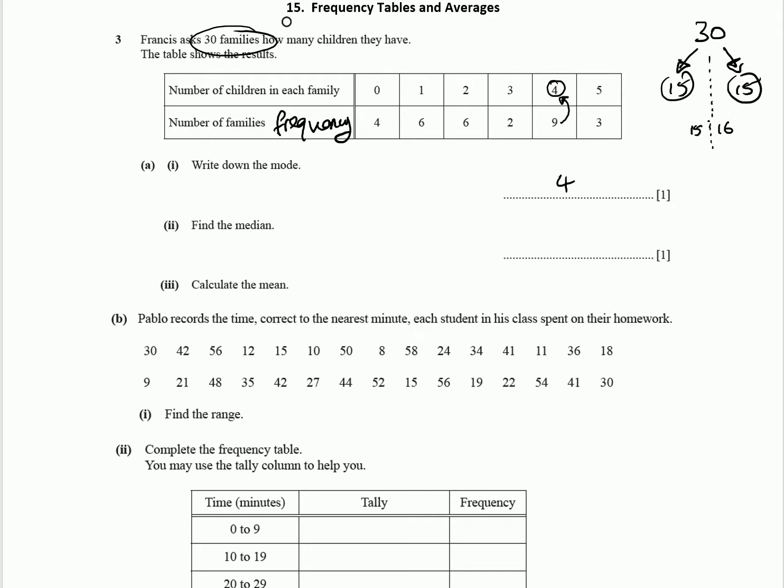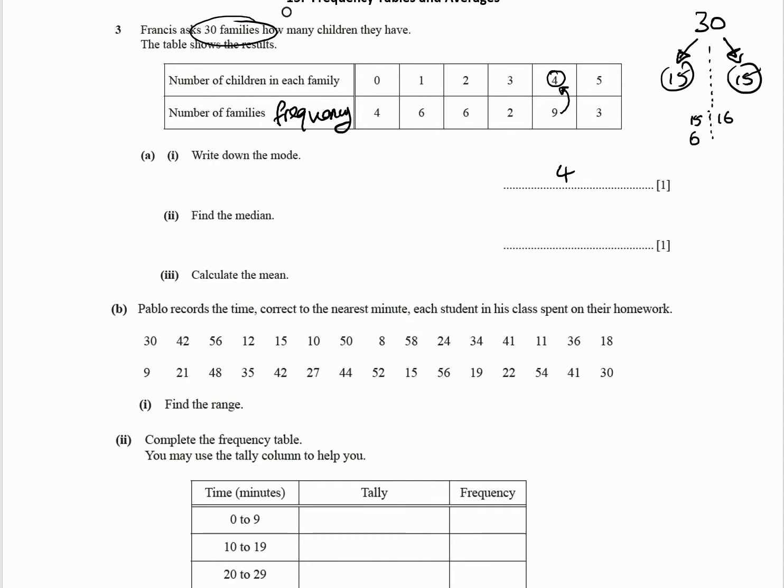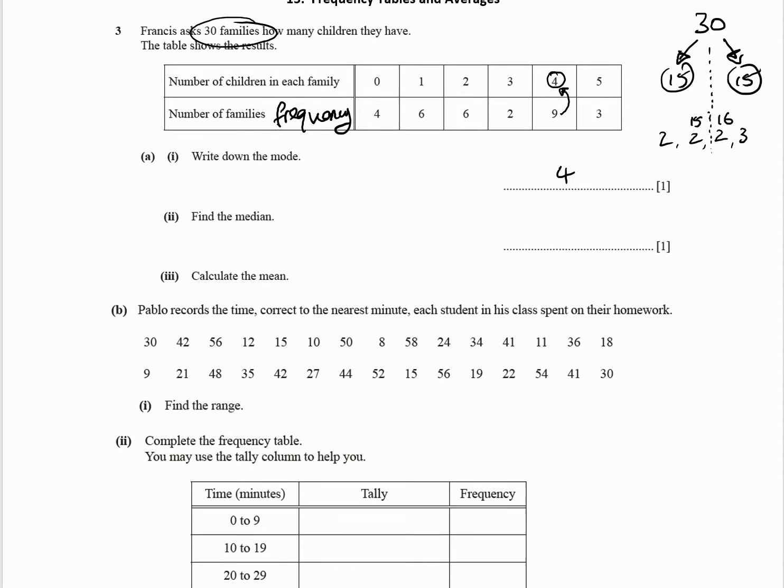So both the 15th and the 16th values are both 2s. The 17th value would be a 3. So that's what my list is looking like. The median is then whatever's in between 2 and 2, which of course is just 2. So medians in frequency tables are kind of tricky. We've got to be very careful.